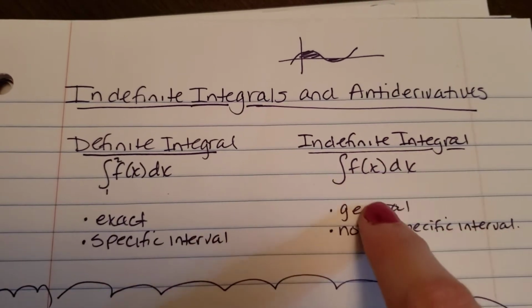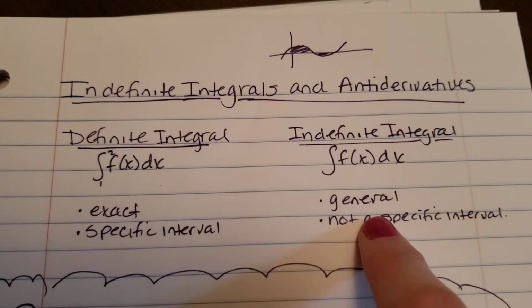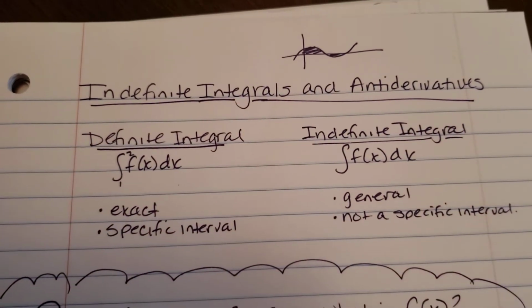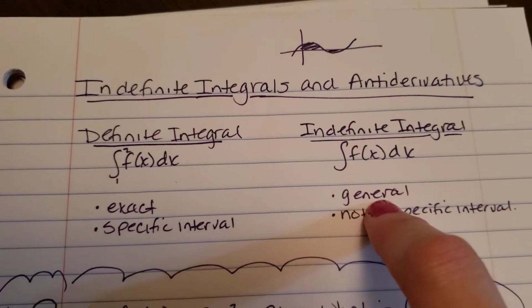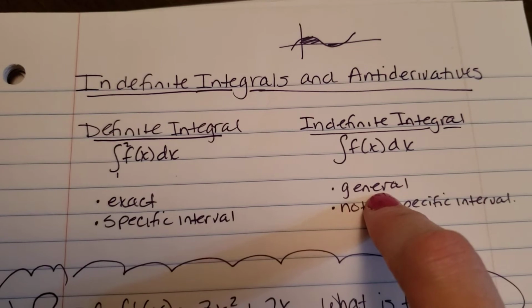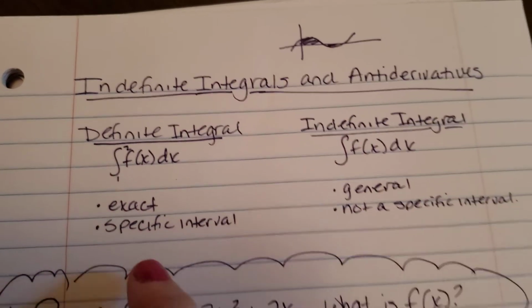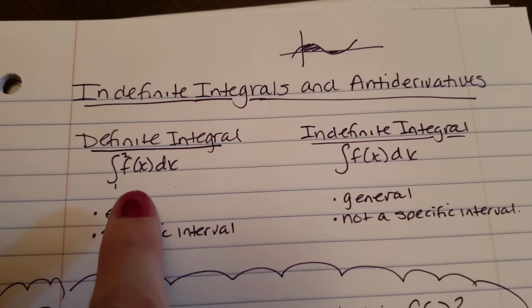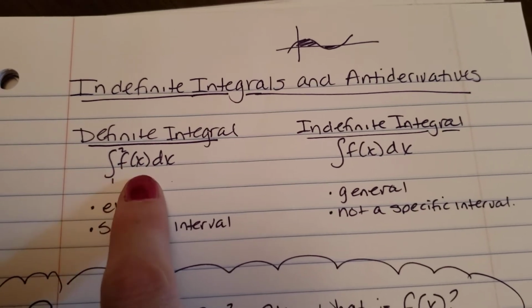Indefinite integrals, you're not given a specific interval, so you can't actually get a specific answer. You can't get a specific area. So what you get when you do an indefinite integral is just a general rule for that integral that you could potentially use to calculate the definite integral.